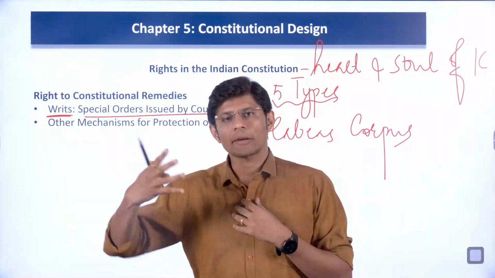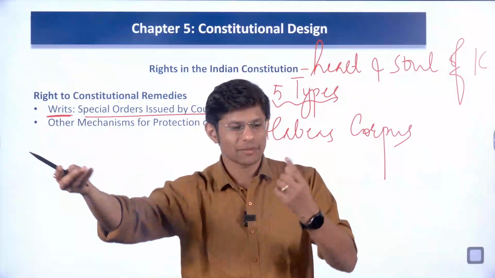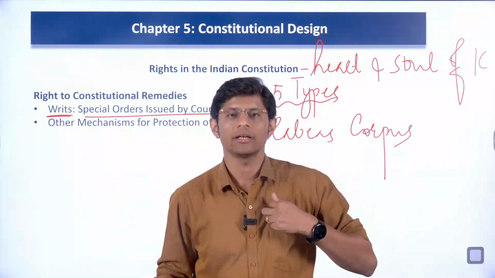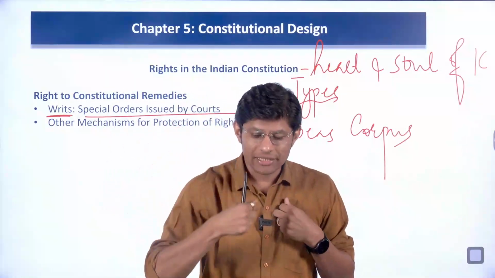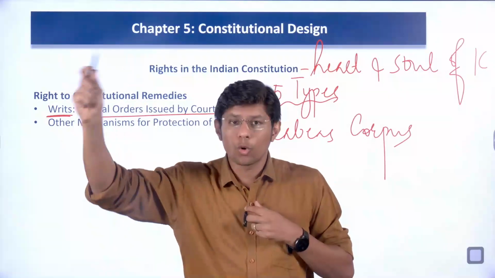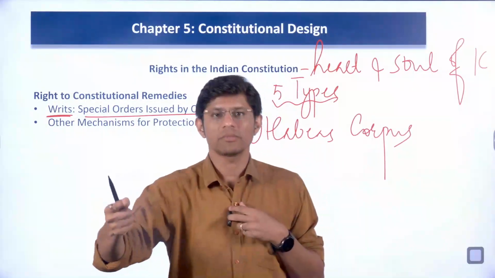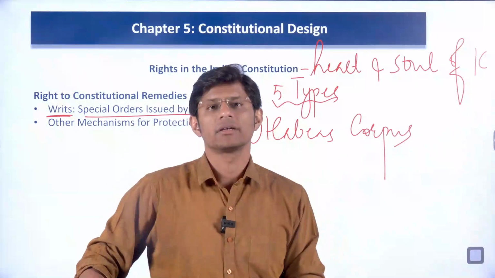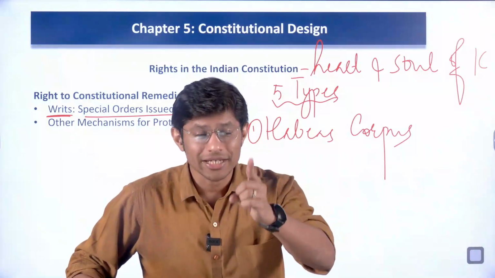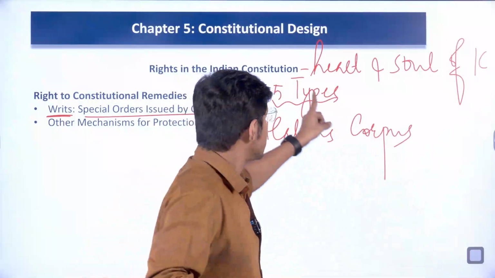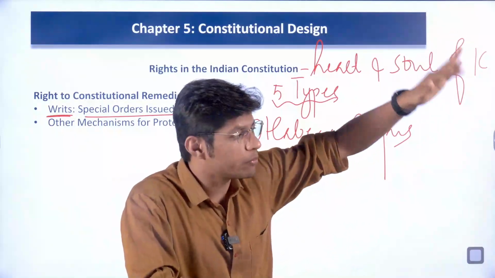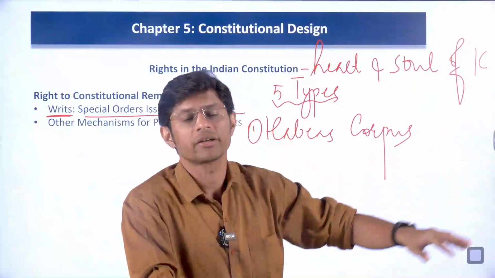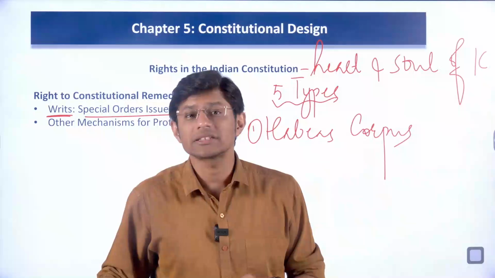My lawyer approaches the judiciary and states that the police has arrested me illegally. If the court finds out that the arrest is illegal, the court will order the police to release me. This habeas corpus writ is issued by the judiciary to set a person free. This is the first type of writ.